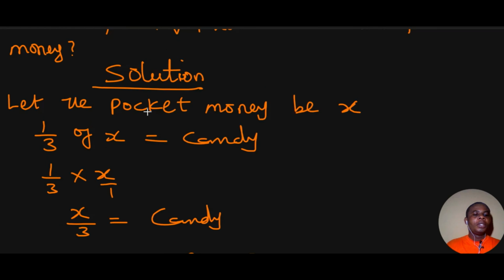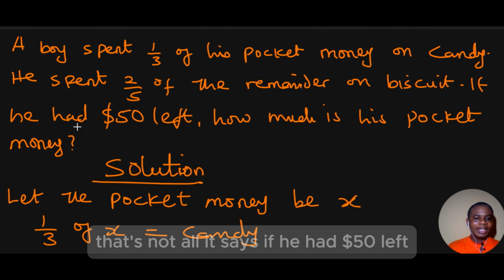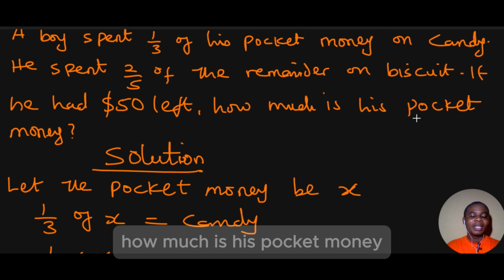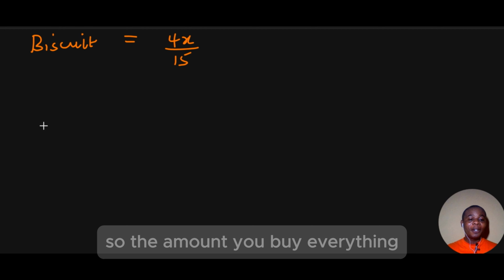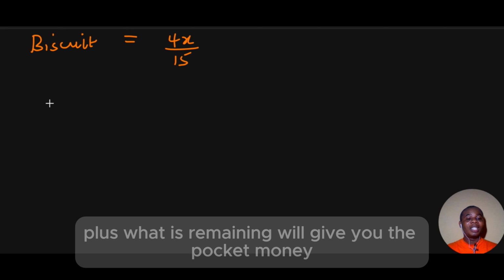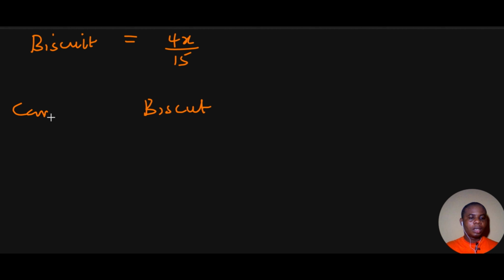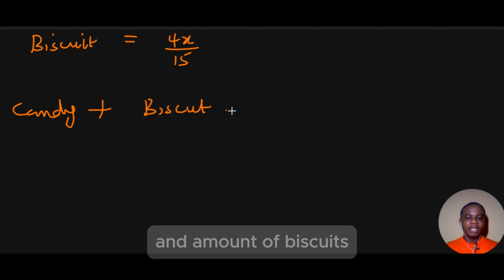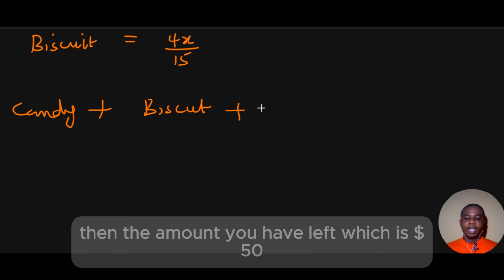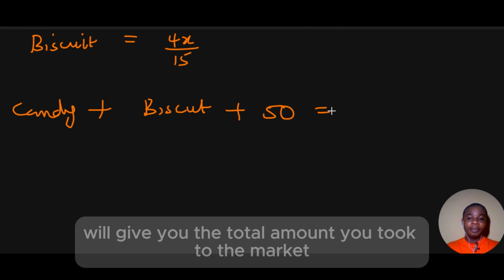Okay? That's not all. It says if he had $50 left, how much is his pocket money? So the amount to buy everything plus what is remaining will give you the pocket money. Amount for candy and amount for biscuits, then the amount you have left, which is $50, will give you the total amount you took to the market.